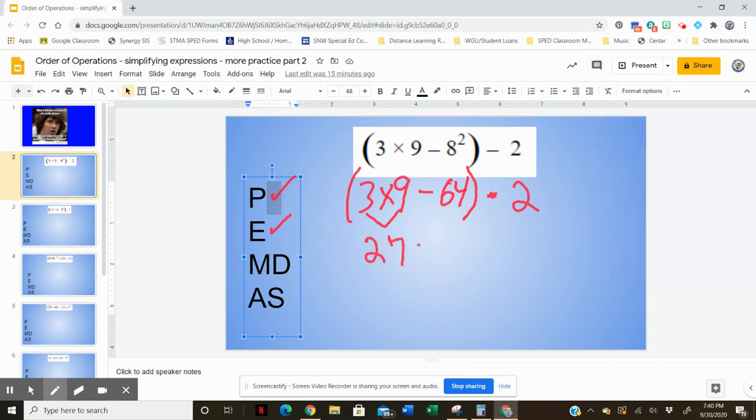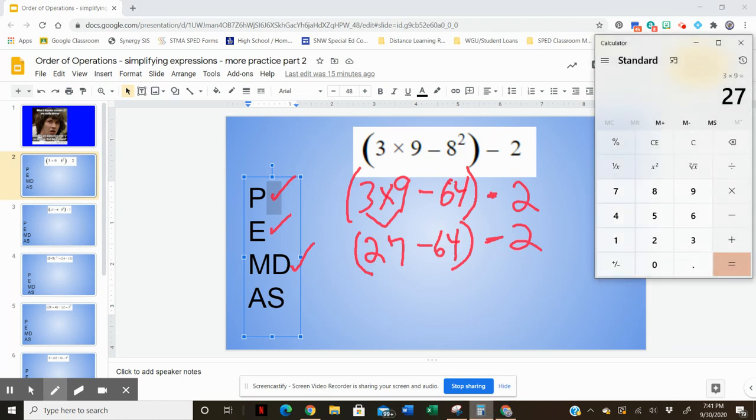And I'm going to subtract 64 from it. I still need my parentheses though, because I have not solved everything inside of the parentheses. But I did complete all of my multiplication and division. The next step is addition and subtraction. 27 minus 64.